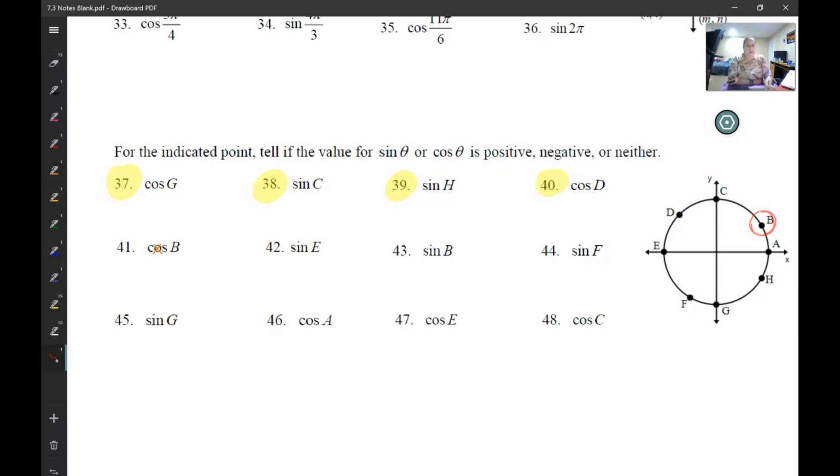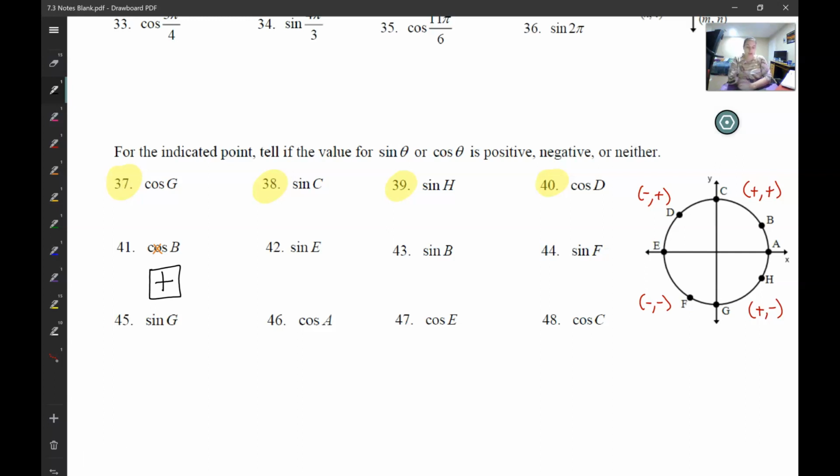Is the x value of that point going to be positive, negative, or neither? Well, that goes with these signs that we put on our unit circle. So if I want the x value at point B, well, point B is both going to be positive. So that x value is going to be positive.